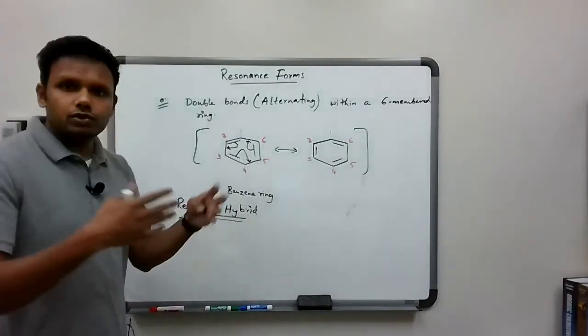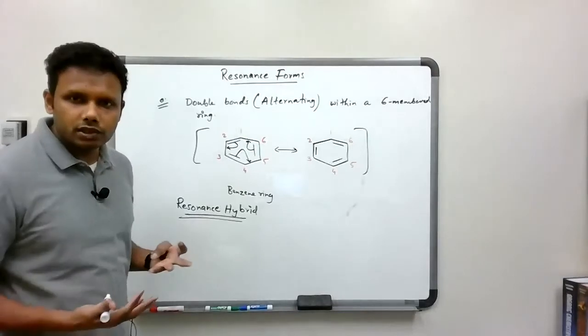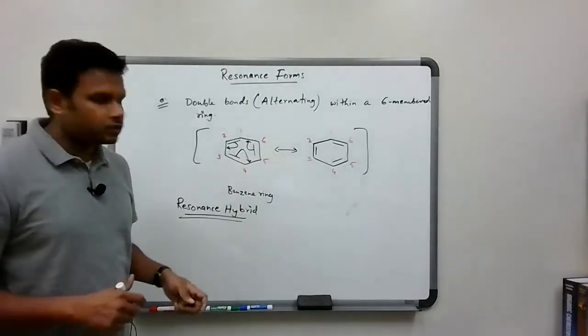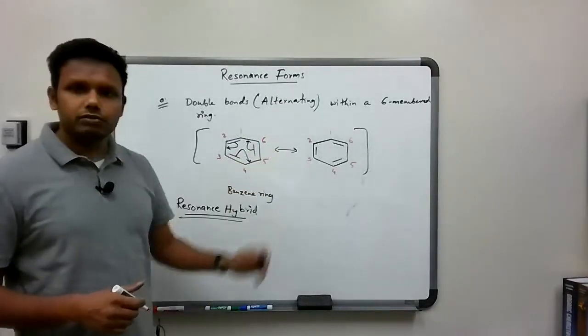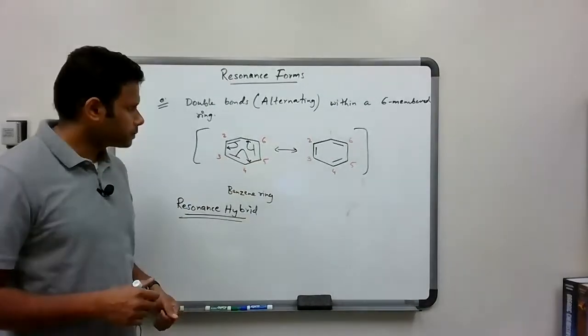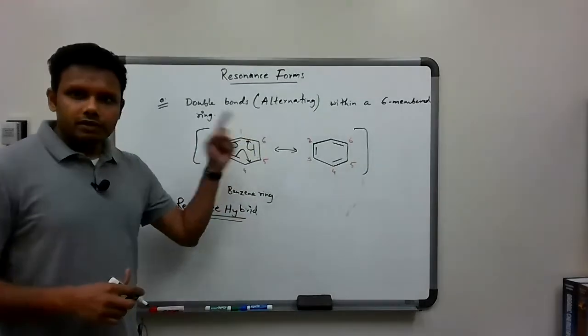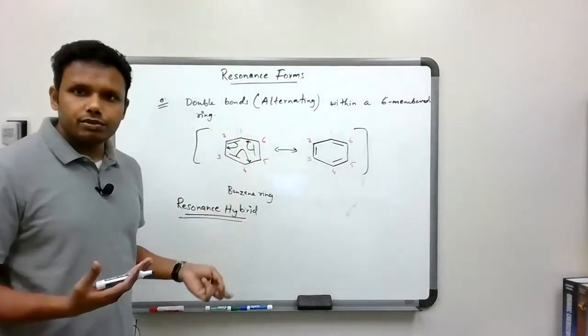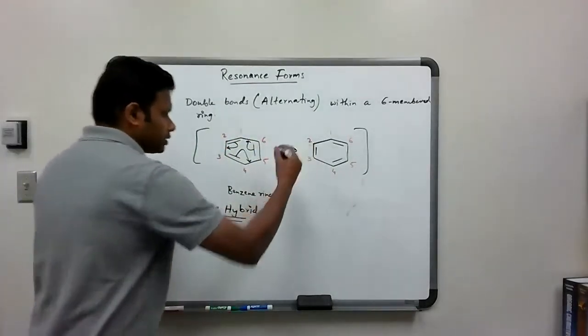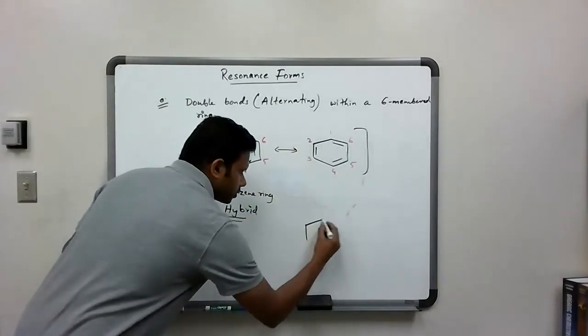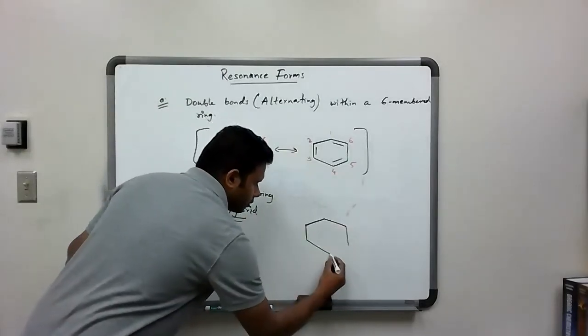So let's draw everything that does not change between these 2 resonance forms. What would you say did not change? I think the ring itself, the 6-membered ring, never changed between the 2 resonance forms. So let's draw a 6-membered ring.